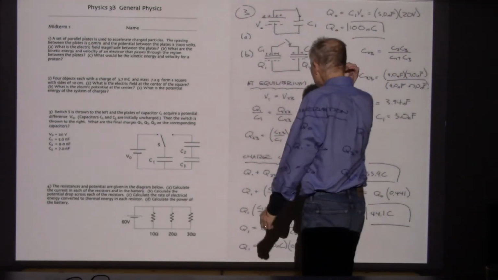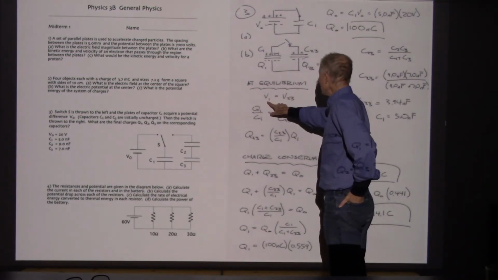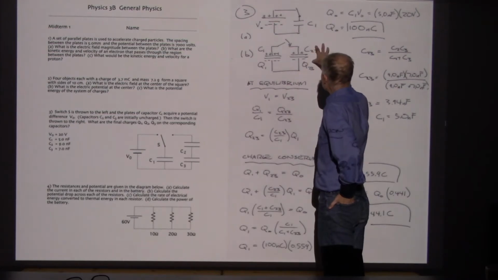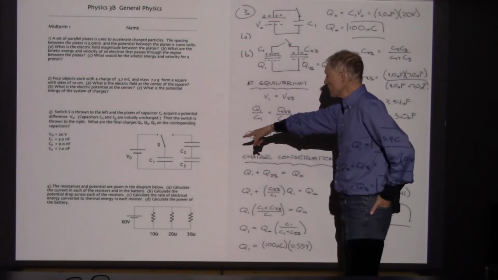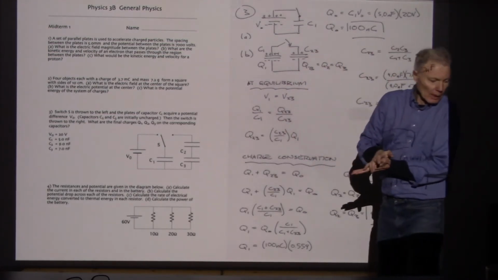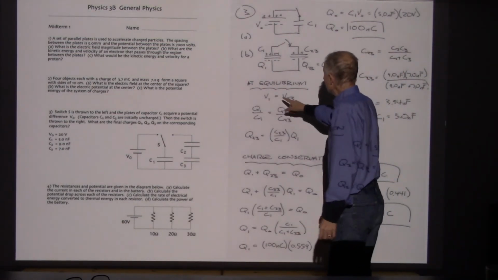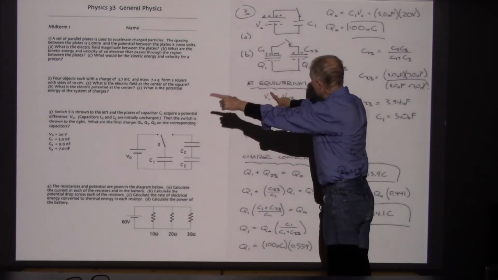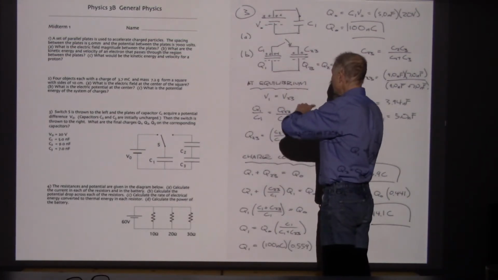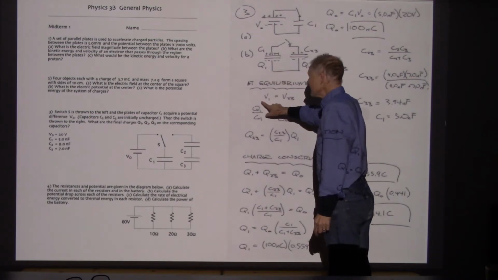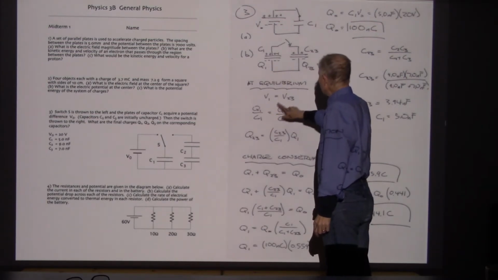So this is the condition we have at equilibrium, that the voltages on the two sides match. And remember, we combined those two capacitors into one as a simplification step. So we can say that the voltage on the left side and the voltage on the right side match. On the left side, capacitor 1, that's Q1 over C1.